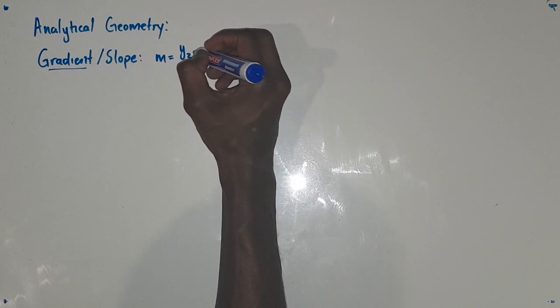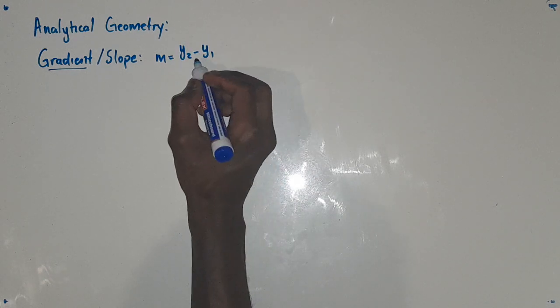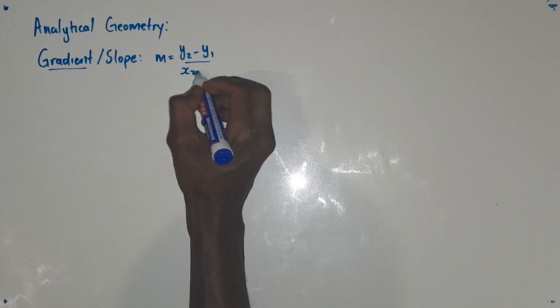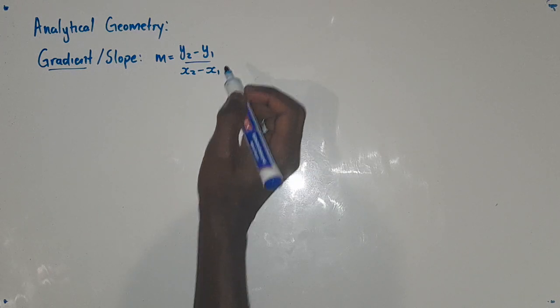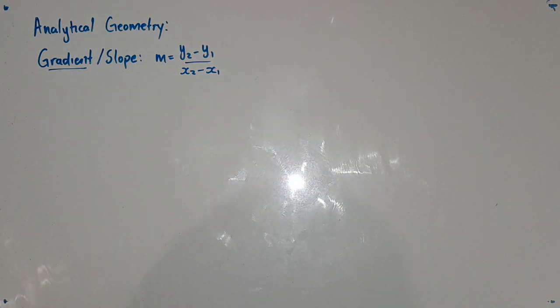m is equals to y2 minus y1 over x2 minus x1, like this.